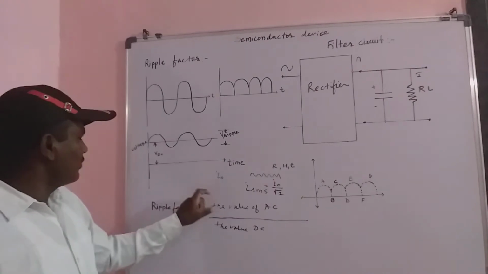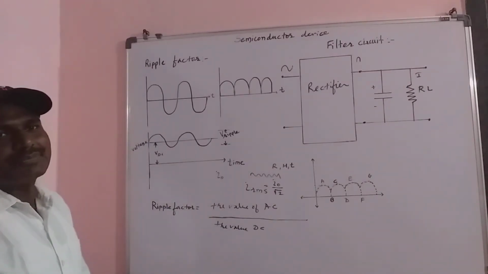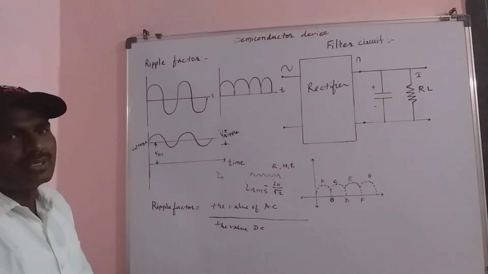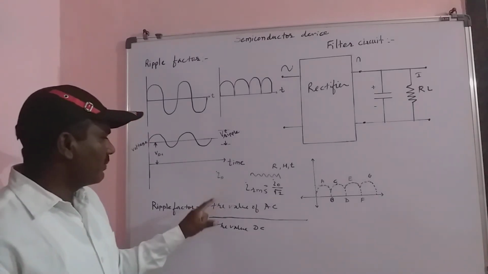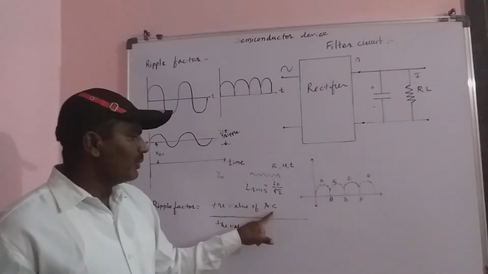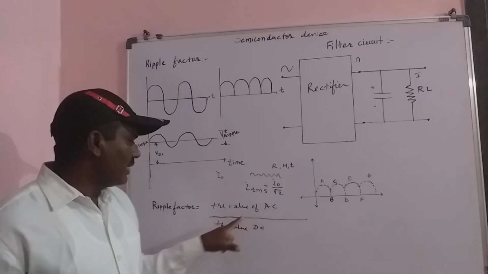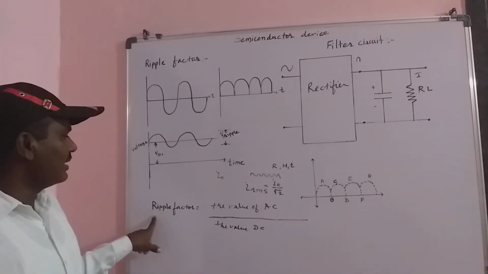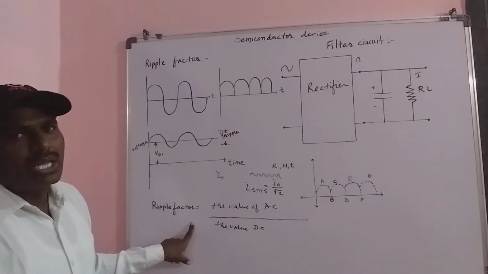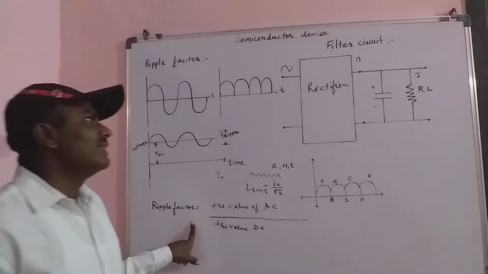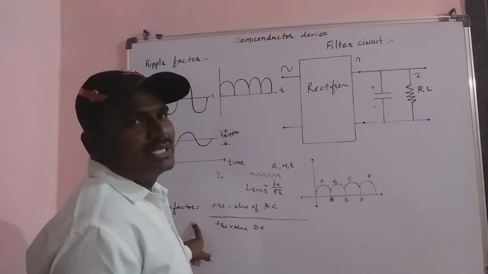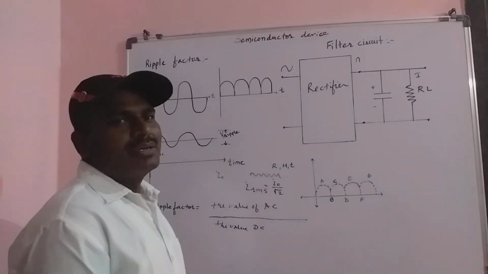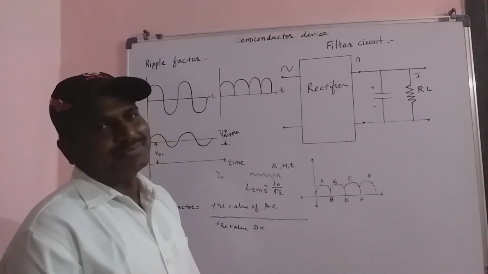That ratio is called the ripple factor. It is the ratio of the value of the AC component to the value of DC in the output of the rectifier.